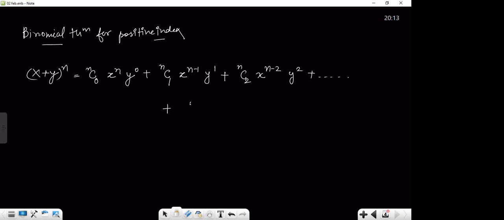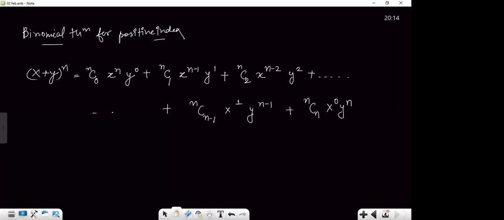And the second last term will be nC(n minus 1), x raised to power n minus (n minus 1), so basically 1, y raised to power n minus 1. So this is the second last term. The last term is nCn, x raised to power 0, y raised to power n.